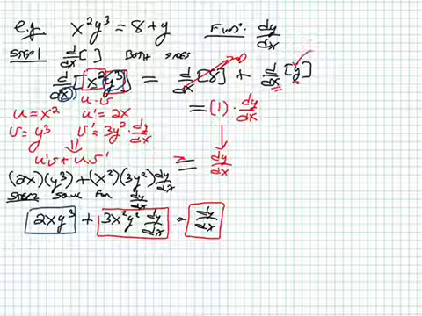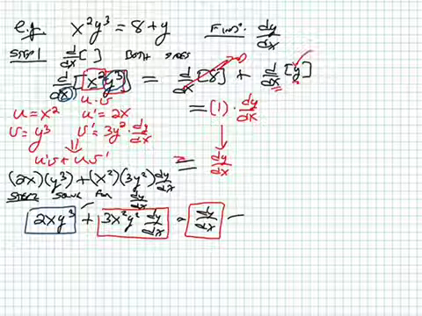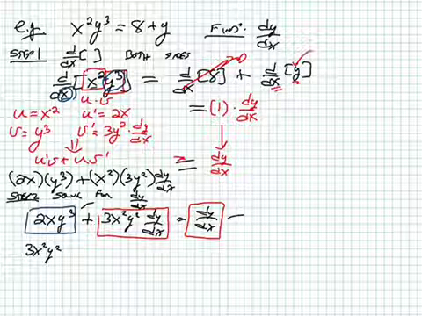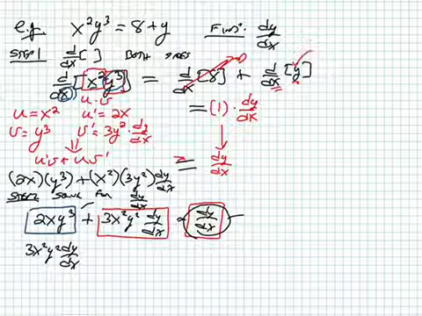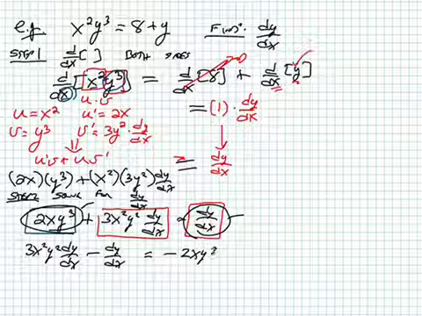So I'm going to have to subtract dy/dx from both sides, and I'm going to have to subtract 2xy cubed from both sides. If I do so, I get 3x squared y squared dy/dx, and then I'm going to subtract this term from both sides, so that's minus dy/dx. And that's equal to, I'm going to subtract this term, so that's minus 2xy cubed.